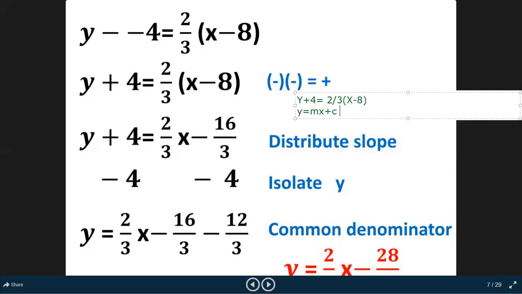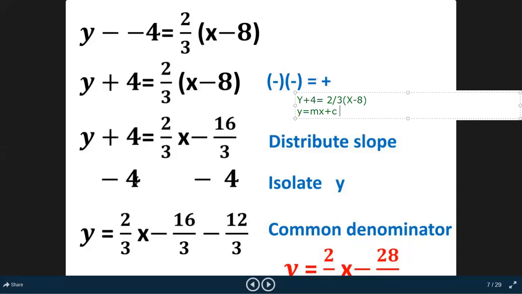We are going to distribute 2 over 3 over the parentheses, which means y plus 4 equals 2 over 3 times x, equals 2 over 3 x. 2 over 3 times -8 will be -16 over 3. Now we have to cancel positive 4.